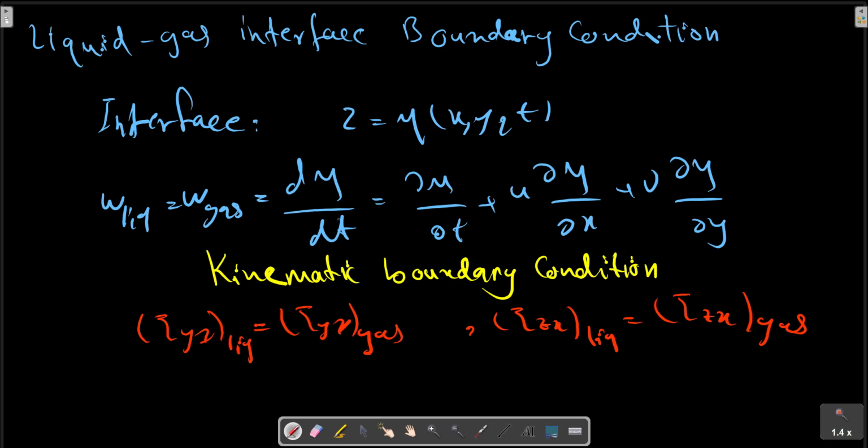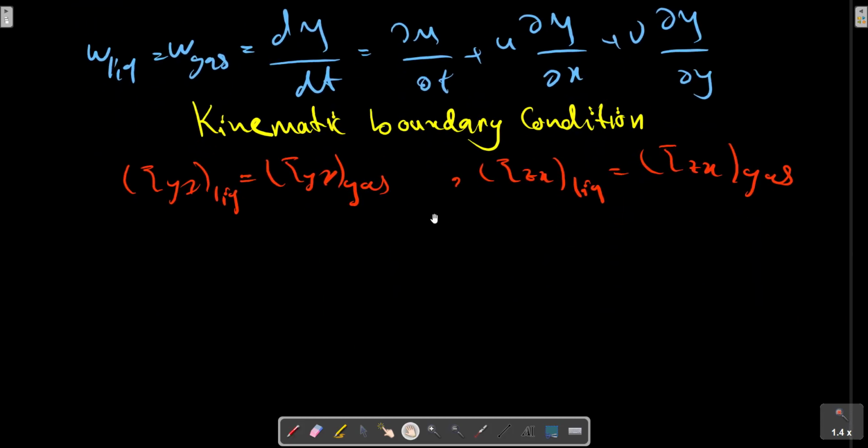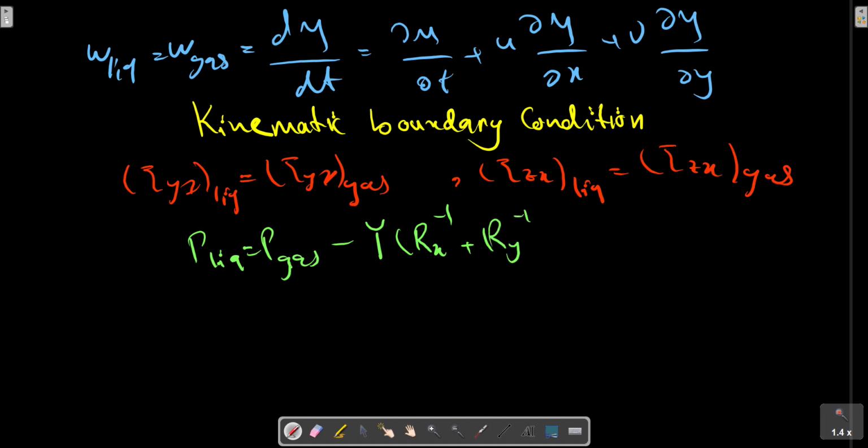So we have the relation for normal pressure at the interface equals P liquid, P gas, plus the surface tension term, which is equivalent to the equation in the previous section, chapter 1.